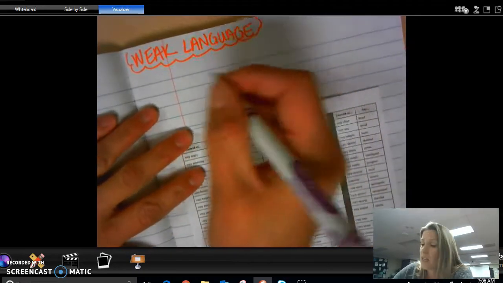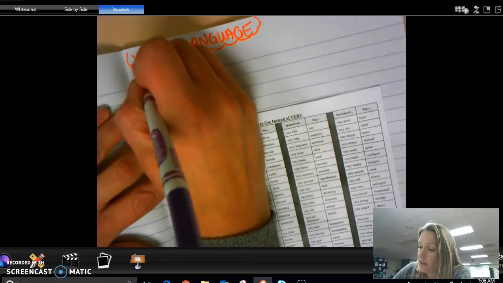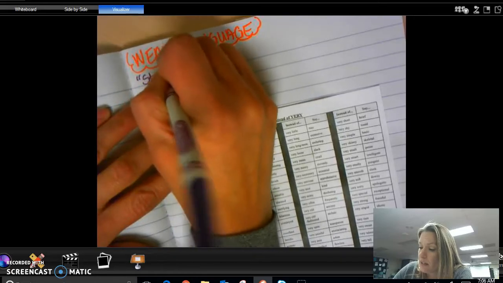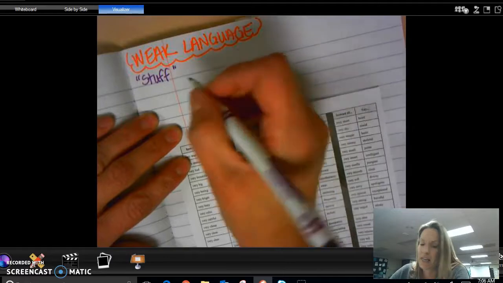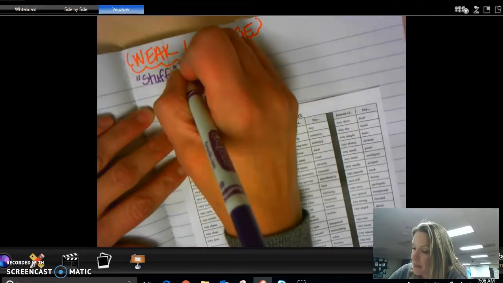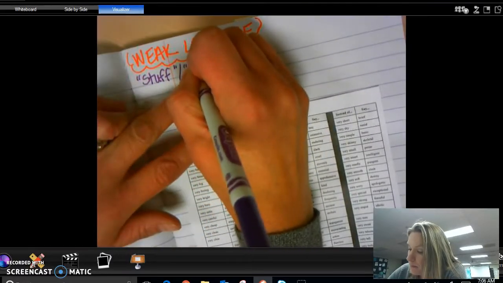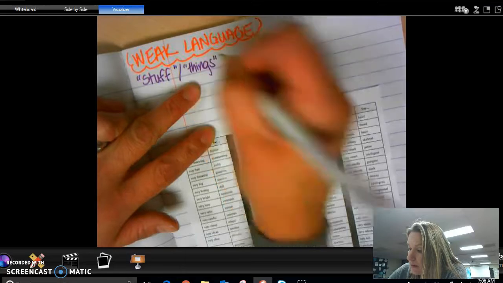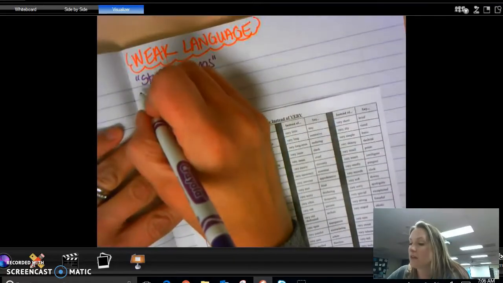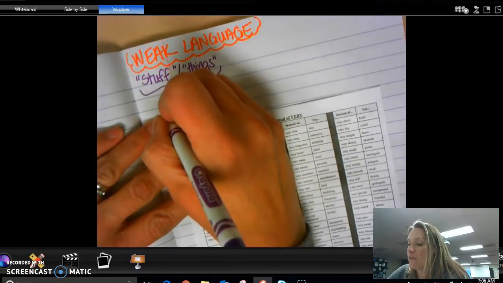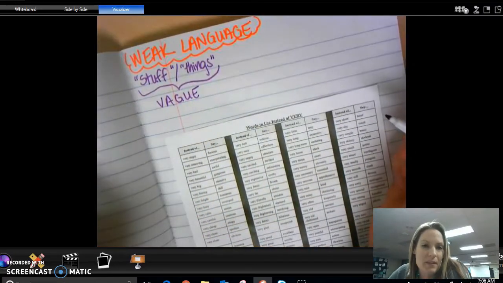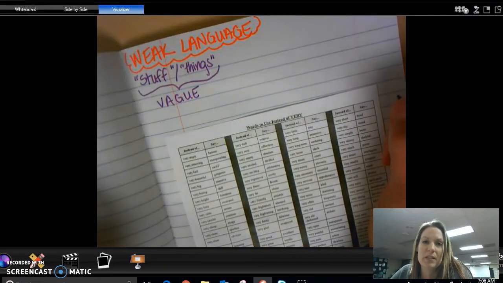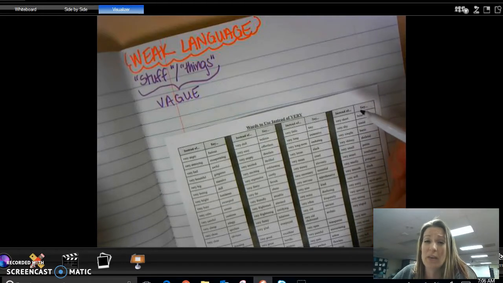So one of the weak language is the word stuff. Stuff and even things in the same area. Stuff and things are what we call vague. We don't know what that means, because stuff to you or things to you means something different. We often use that when we're not sure how to define something to make it more clear.